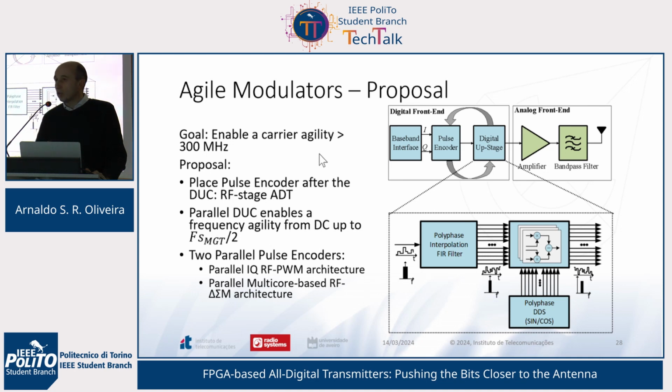Again, in order to cope with high sampling rates of the system, we used a polyphase or multiple phase implementation, in which multiple delta sigmas and multiple up conversions take different chunks of the same signal in order to achieve an equivalent higher sampling rate.